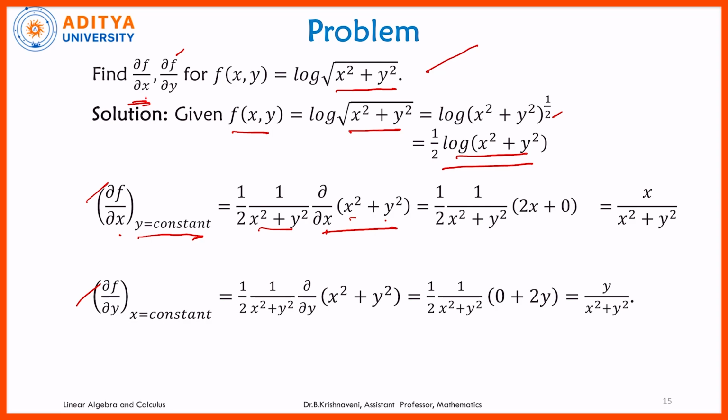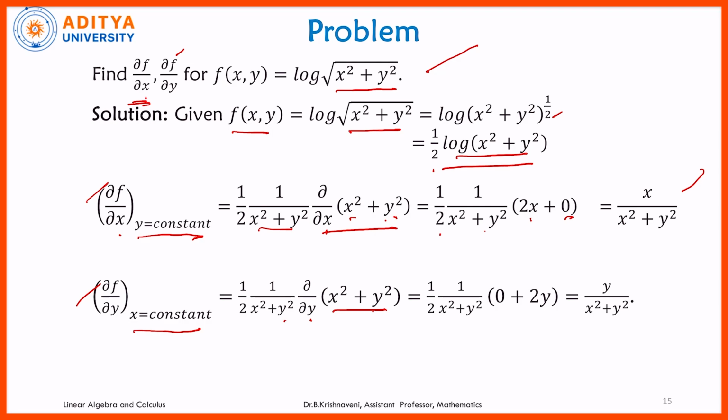That will be equal to 1 by 2 into 1 by x square plus y square into, now the derivative of x square is 2x and since y is constant, its derivative is 0. Then the 2 gets cancelled and we get dou f by dou x equal to x by x square plus y square. Now, let us find dou f by dou y, in which x is constant. Same as before, first we start with the log derivative, 1 by 2 into 1 by x square plus y square. Now, the inner derivative means the partial derivative with respect to y of x square plus y square.